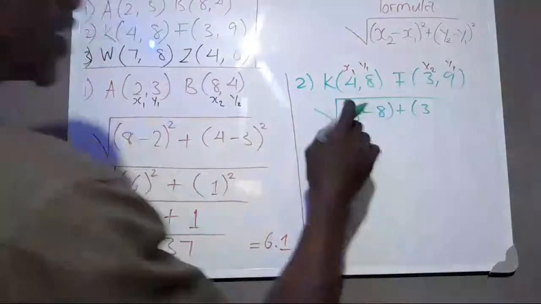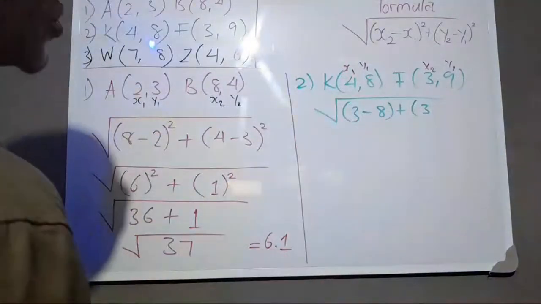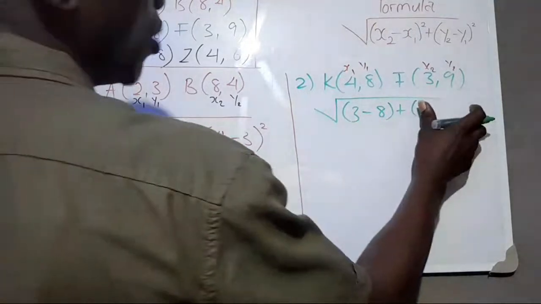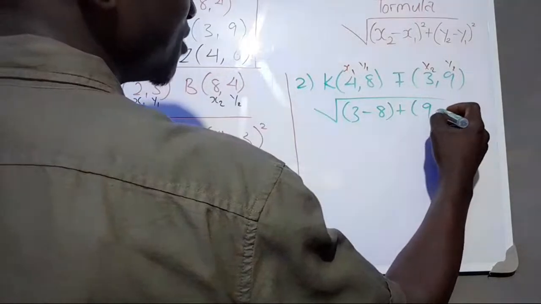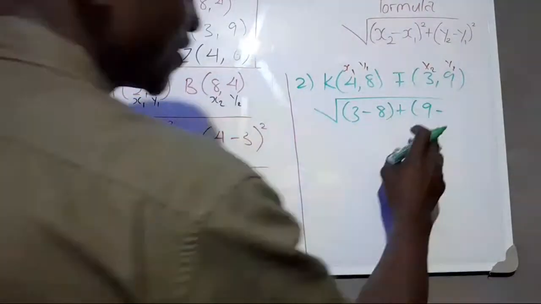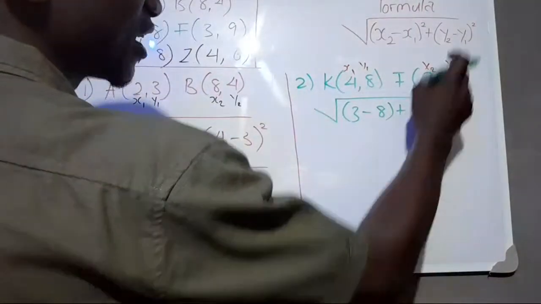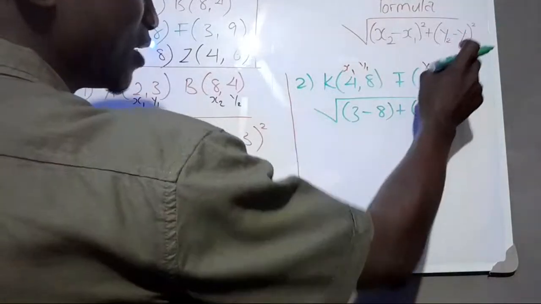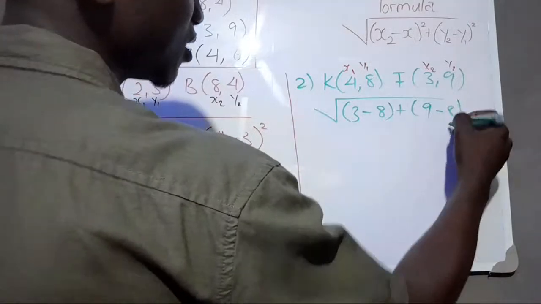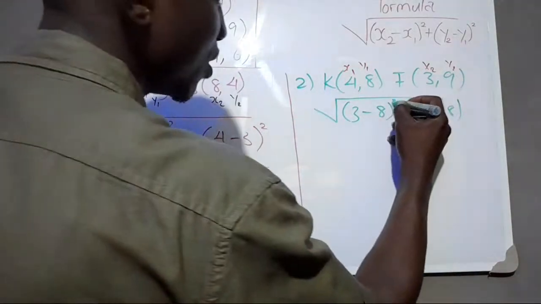No, this is x1. Okay, so we have our y2, which is 9. See, one thing with this thing is that you just have to be very careful and detailed. We have our y2, according to the formula, which is 9, minus y1, which is 8. Let's not forget our square.